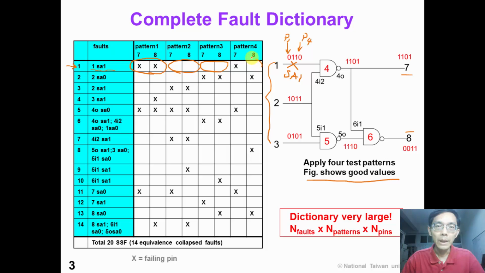In the fourth pattern, we would observe 1 simulation failure at output 7, but no simulation failure at output 8.